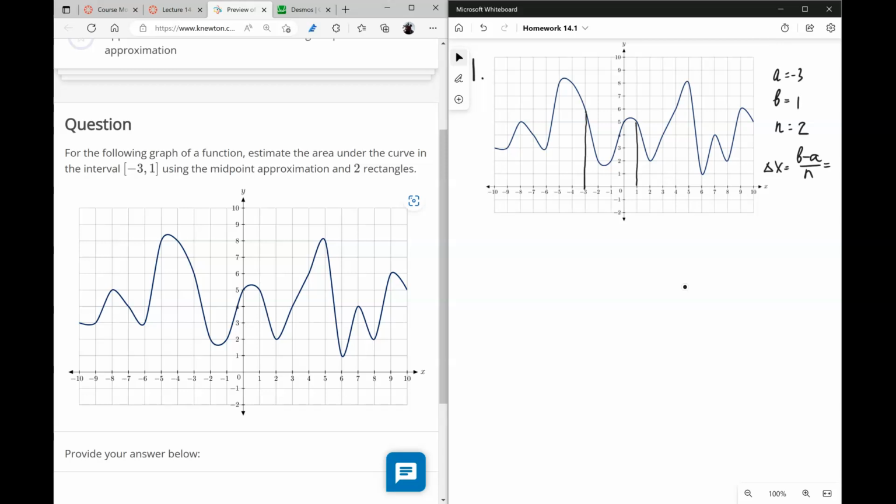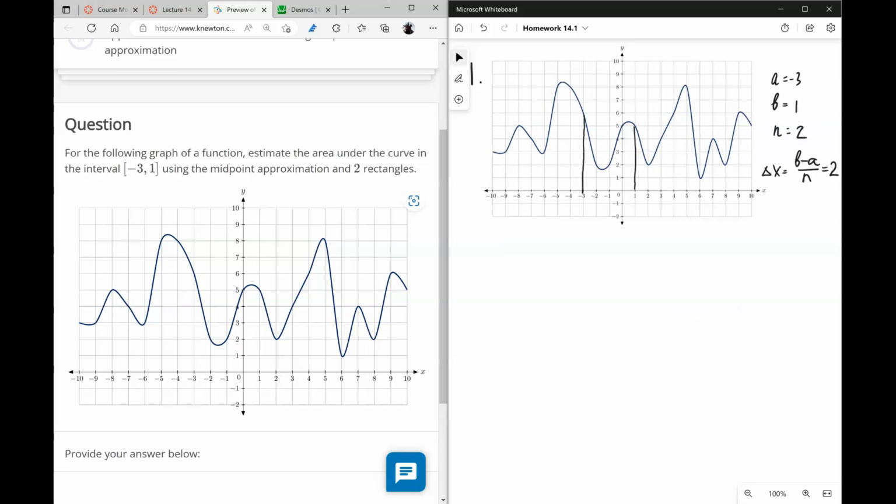It will be 1 minus -3, which is 4. 4 divided by 2 is 2. And we can create the partition by adding delta x, starting with the leftmost point. So this is our partition: -3, -1, and 1. So this is going to be my x0, x1, and x2.